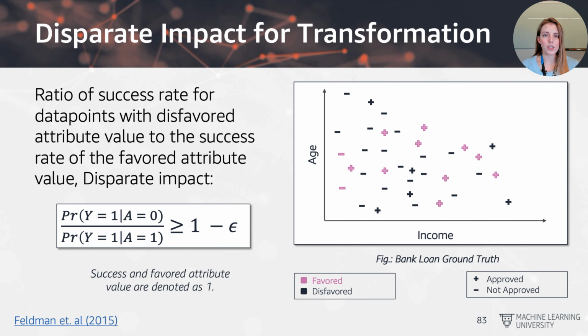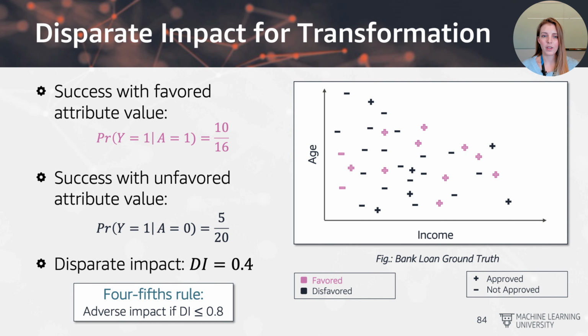So how can we use this DI metric now to transform our data? First of all, let's calculate the success with the favored attribute value. The probability of success here is 10/16. The success with the unfavored attribute value is 5/20. If we now plug these values into our calculation, we get a disparate impact of 0.4.